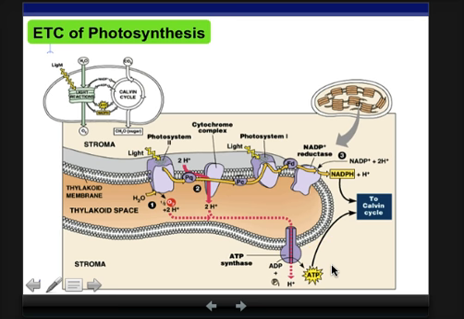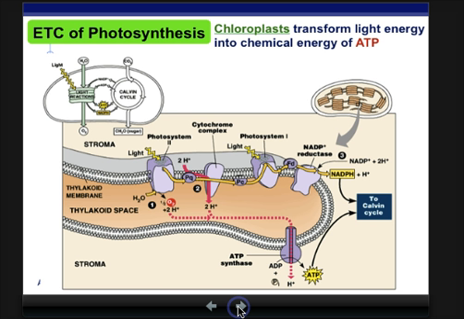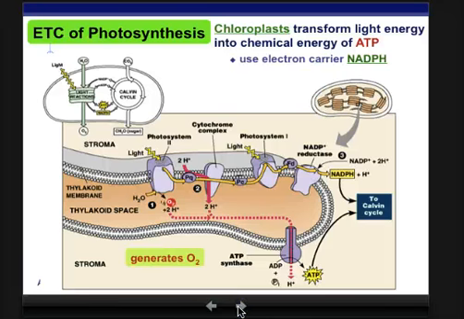That's the big picture. Okay, chloroplasts transform light energy into chemical energy of ATP and use an electron carrier called NADPH. And we generate our oxygen.